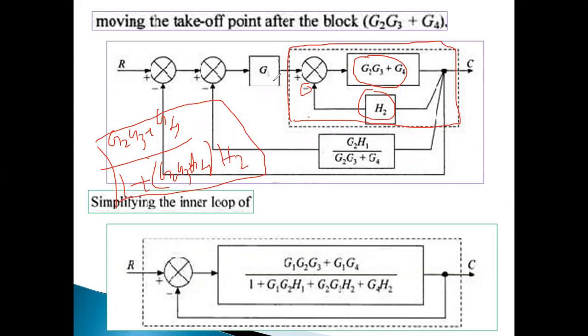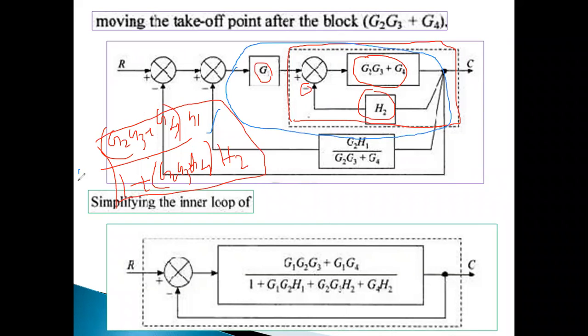Okay, that is in cascade with G1. So that means, again, if we multiply, we can match those two and you will get a transfer function in this fashion, up to this part. Okay, so we can replace this entire thing with this block.